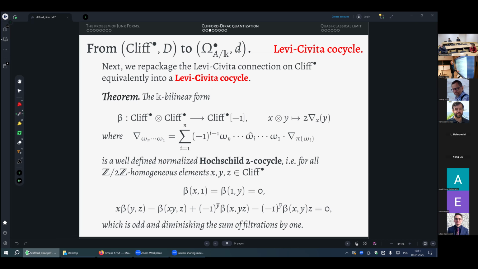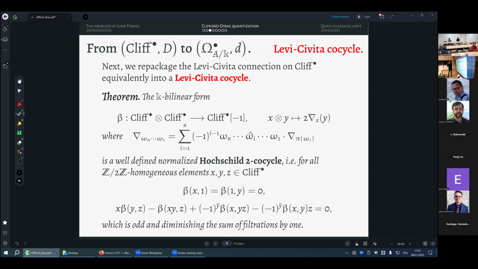Being normalized means that evaluated on the unit of the Clifford algebra it is 0 in both slots. And second, it satisfies some graded version of the cocycle condition. Okay?